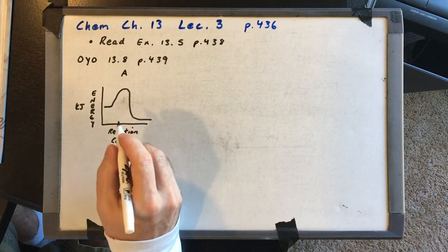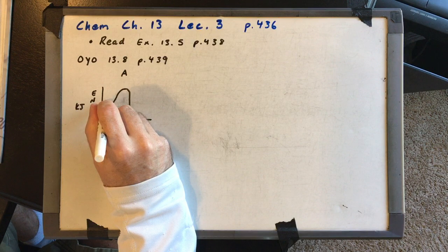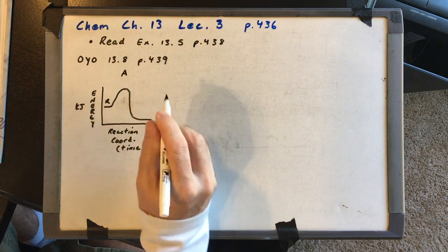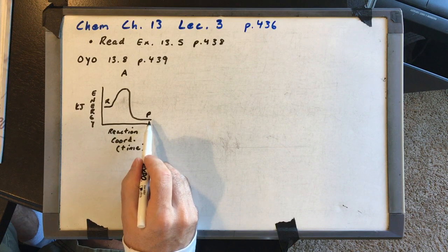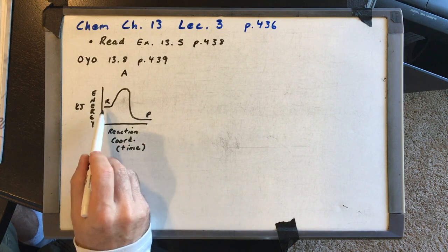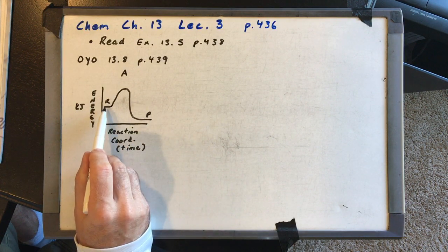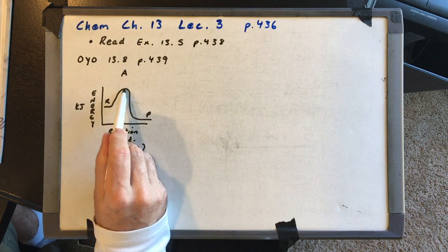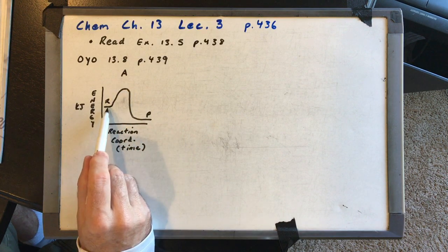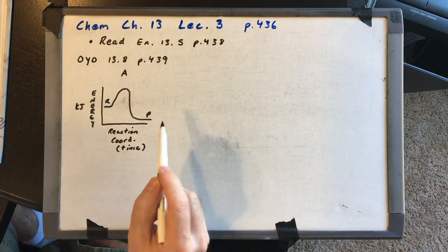Okay, the reactants are on this side, and then the products is what you make over time. Okay, so we'll start at this energy. In order for the reaction to go, you have to add a lot of activation energy. So that's the difference between the very top of the hill and the left side. And then it gets really warm.